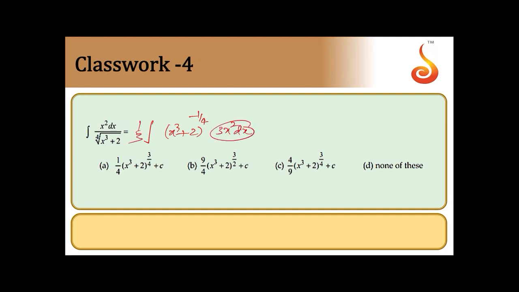Therefore, this whole thing is t, and t power n gives t power n plus 1 by n plus 1, that is t power 3 by 4. So 1 by 3 multiplied by 1 divided by 3 by 4 times x cube plus 2 to the power of 3 by 4 plus c. I hope we get 4 by 9. Sorry, it is divided by 3 by 4, which is nothing but 4 by 9. So the answer is option C.